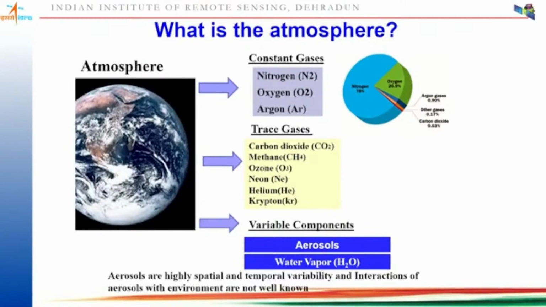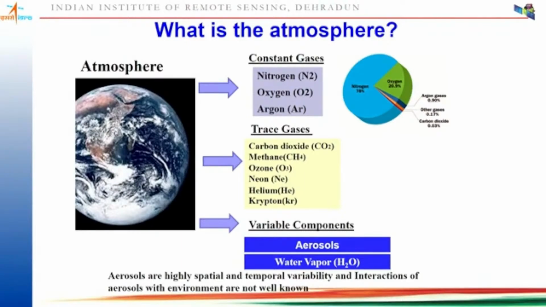Most of you know about all these, that is the constituents of the atmosphere, so not much detail about it. The important aspect is that the atmosphere is composed of constant gases, you know all about that: nitrogen, oxygen, argon, but also certain trace gases, which are trace in number and highly varying.